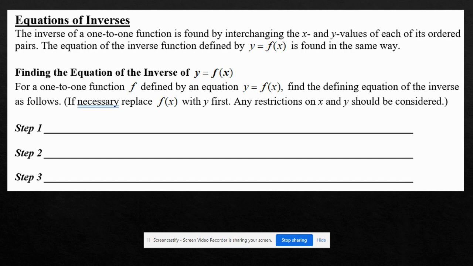So if we're not given a table and we're not given a set of ordered pairs, now what do I do? Well, if we verified that we have a 1-to-1 function, we've graphed it in our graphing calculator and had it pass the horizontal line test, we've picked an x value, positive and negative, and made sure the y's don't repeat. Once we verified that, then we swap the x and the y itself.